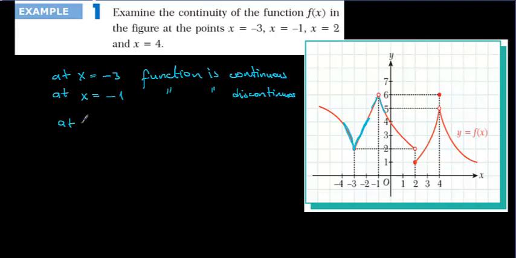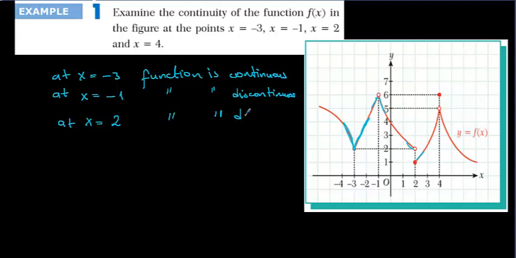At x equal to 2, as you see here, I shift my hand, I actually jumped here, and I continue from the other side.